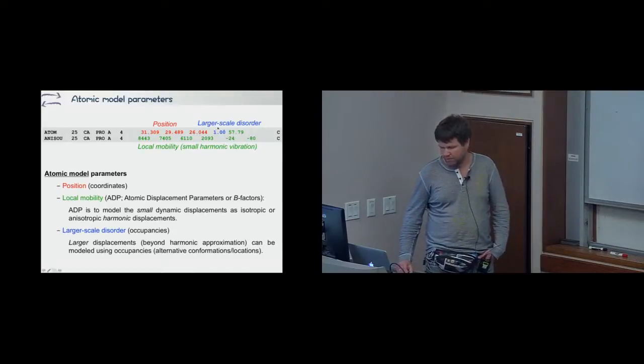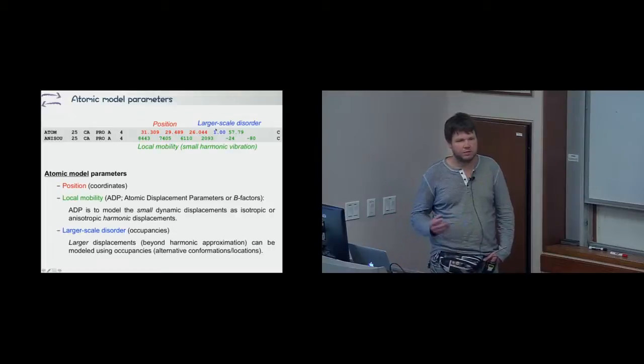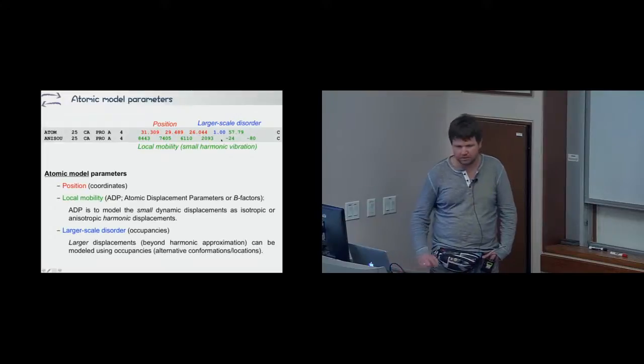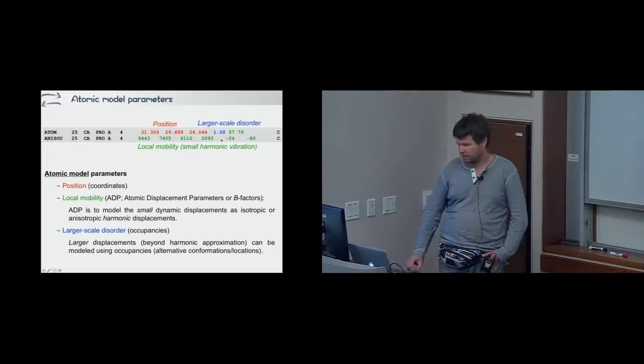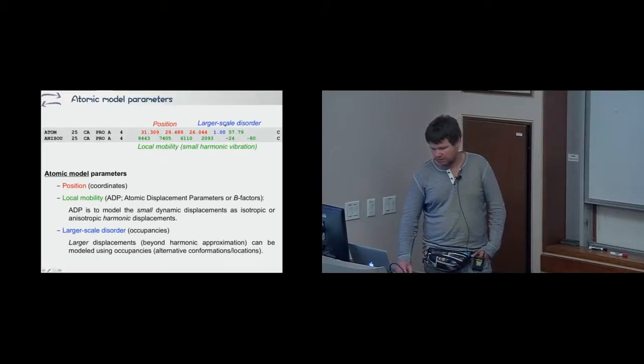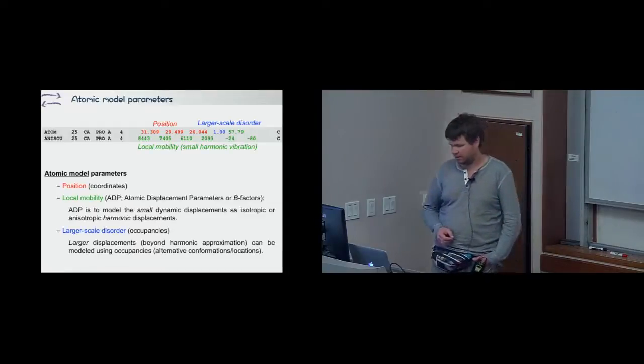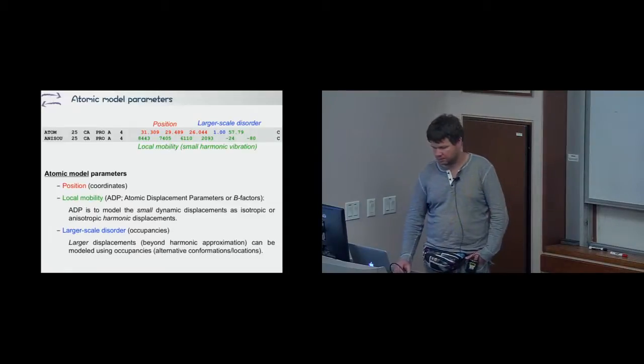We have the occupancy factor, which describes large-scale disorder that is larger than can be modeled within the harmonic approximation using B factors. So basically occupancy models something that cannot be modeled with a B factor. And then B factors: isotropic B factors, or anisotropic B factors if the TLS model is used, or if high resolution data is available to refine individual anisotropic B factors.